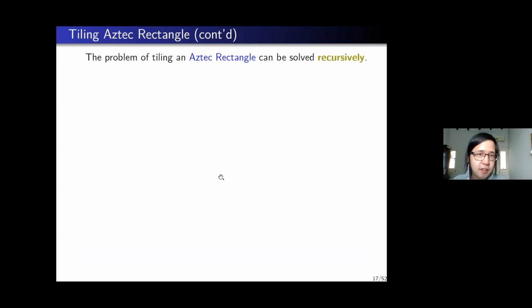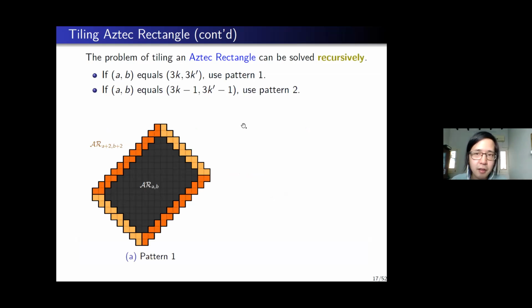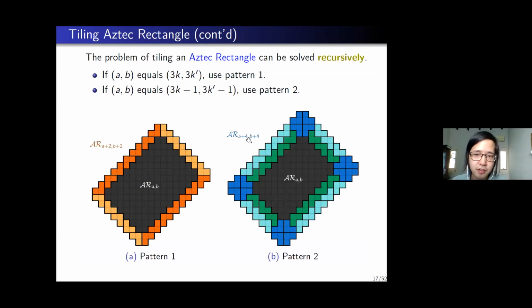The problem of tiling an Aztec rectangle can be solved using these patterns. Pattern 1 is this and this. Pattern 2 is this. These patterns are used depending on the values of A and B.